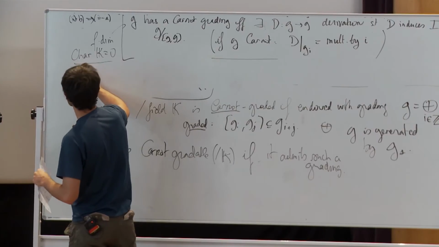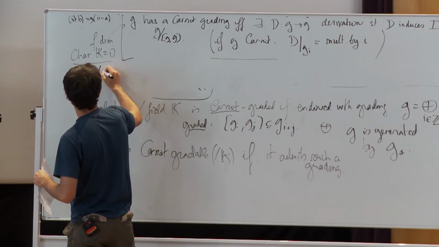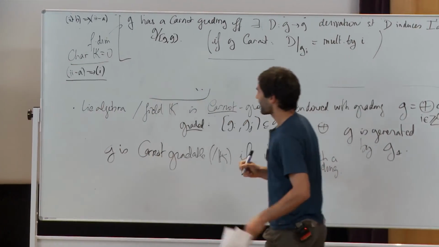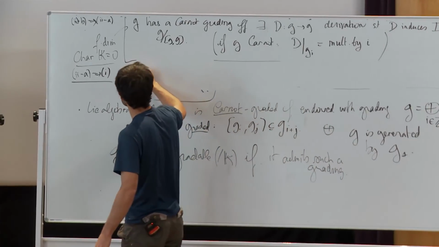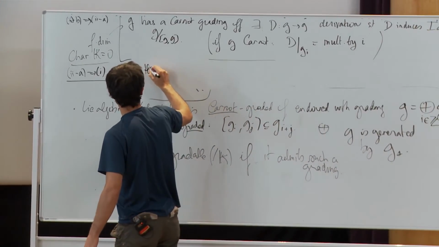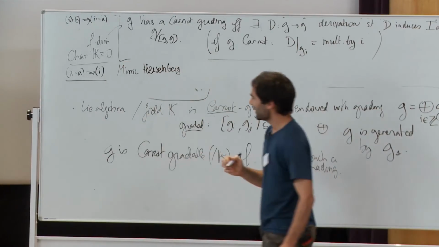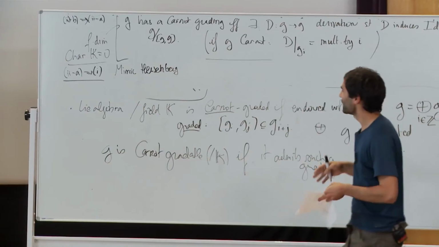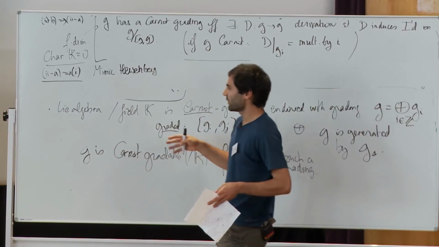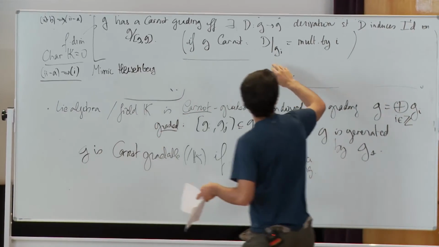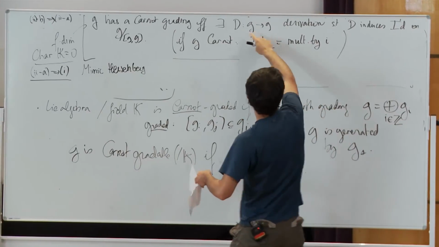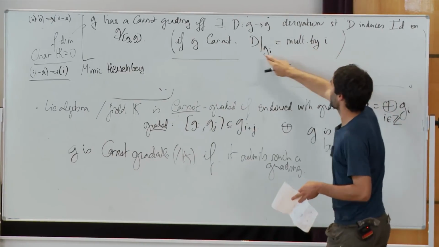So 2A implies 1. It's essentially you have to mimic the Heisenberg group. Basically, you use the idea that it's a derivation: you multiply by i on Gi.